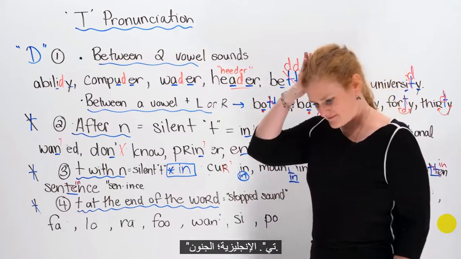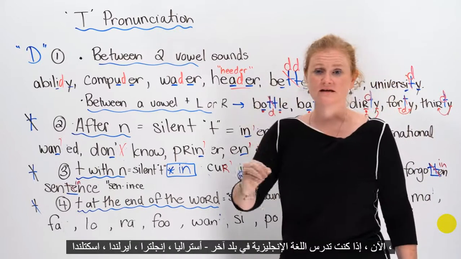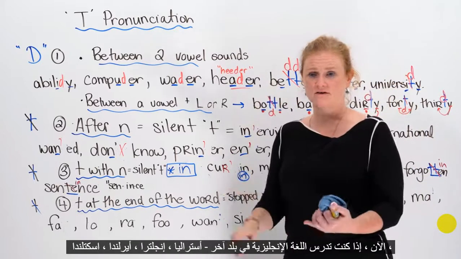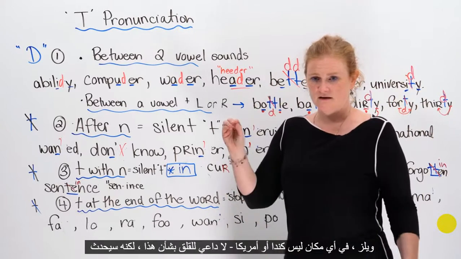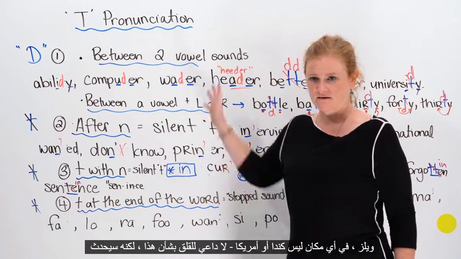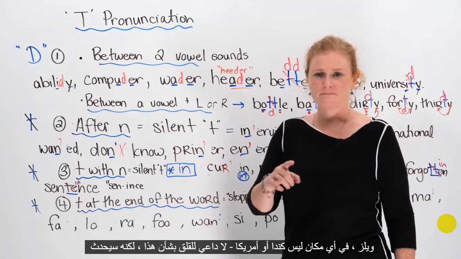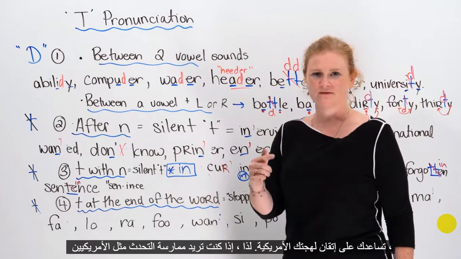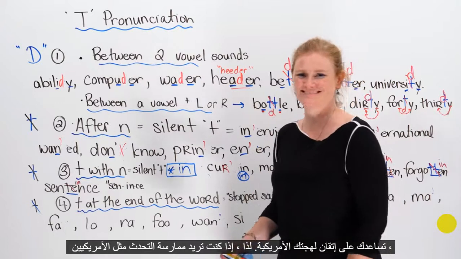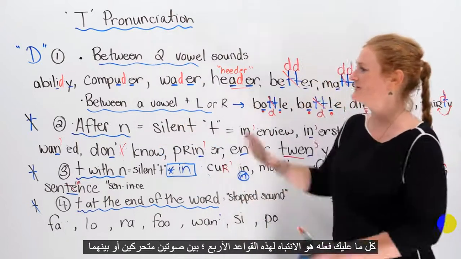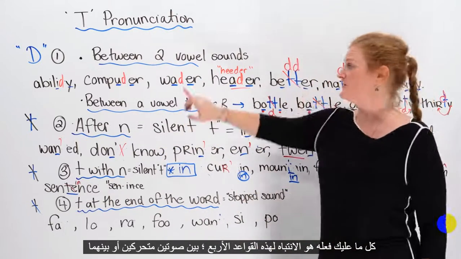English. Craziness. Now, if you're studying English in another country, Australia, England, Ireland, Scotland, Wales, anywhere that's not Canada or America, you don't have to worry about this. But it'll help you perfect your American accent. So if you want to practice speaking like an American, all you have to do is watch out for these 4 rules.